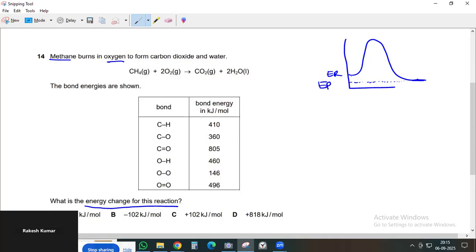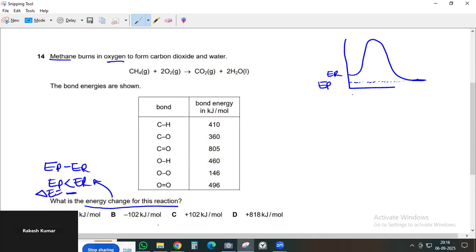Then we write the energy change as EP minus ER. Now this EP is less than ER. You can make out from the energy diagram that this has to be negative. Delta E will be negative.